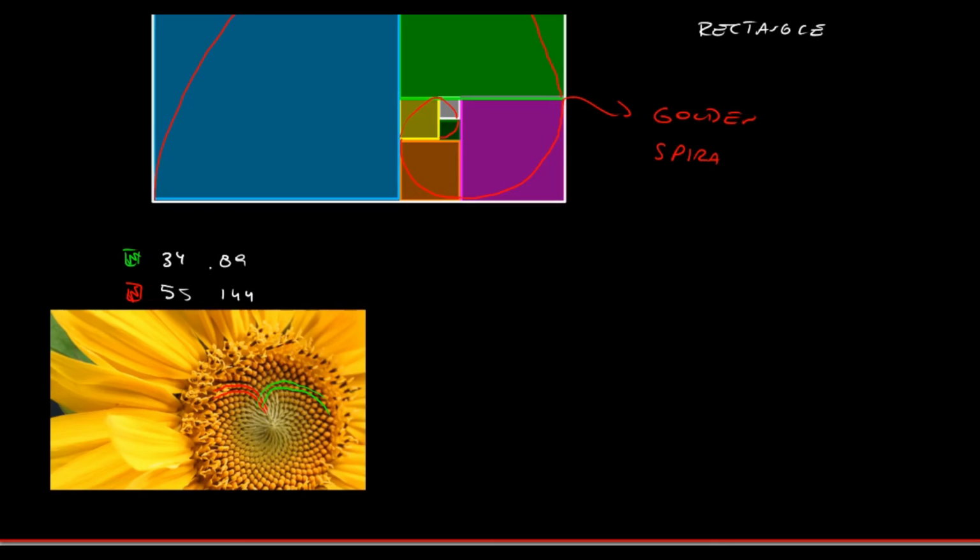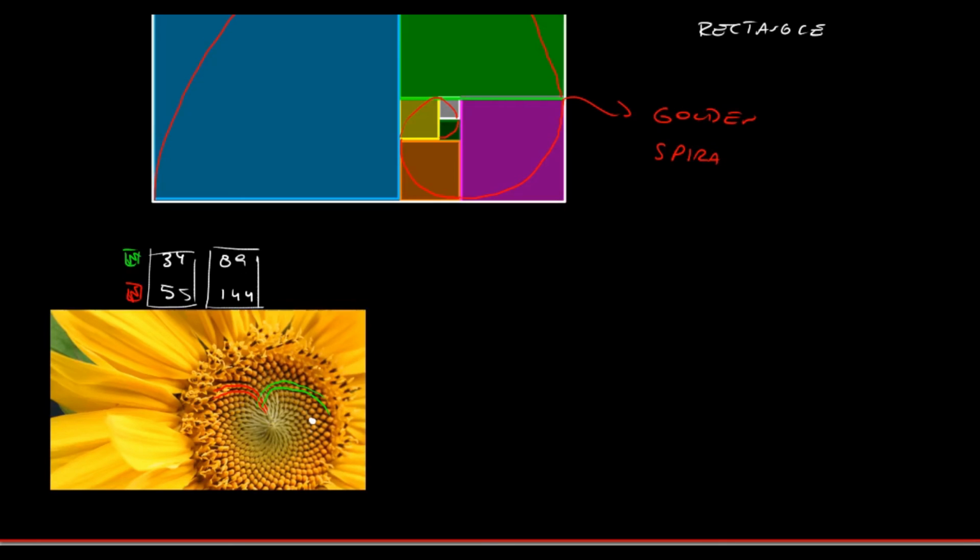Now what's so interesting about these numbers is that 34 and 55 are both consecutive numbers in the Fibonacci sequence, and the same happens with 89 and 144.